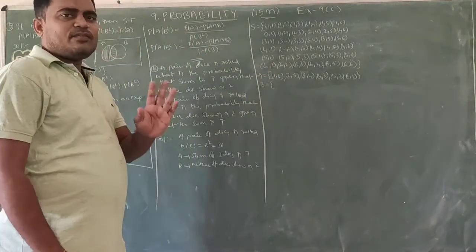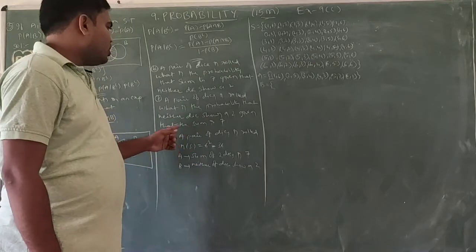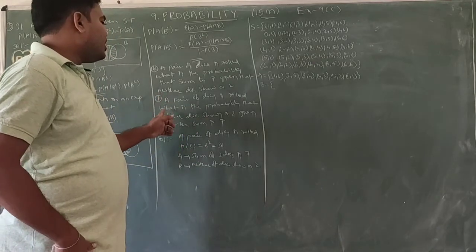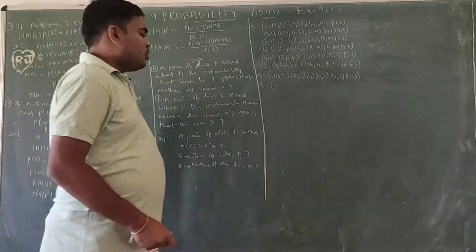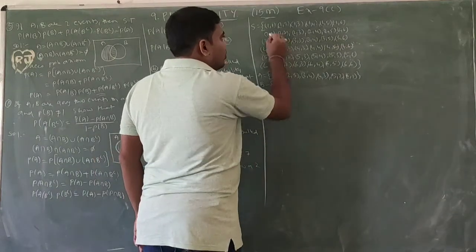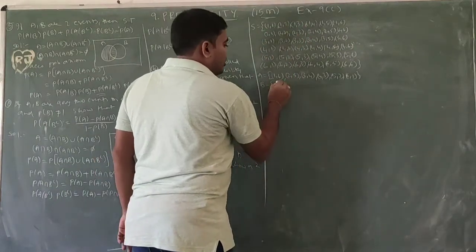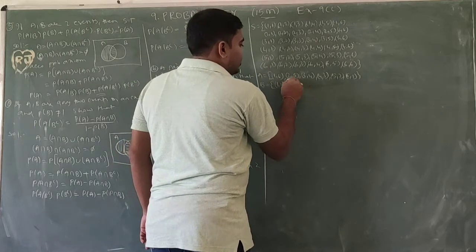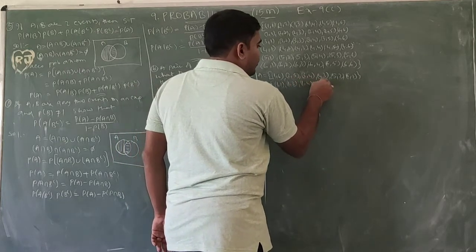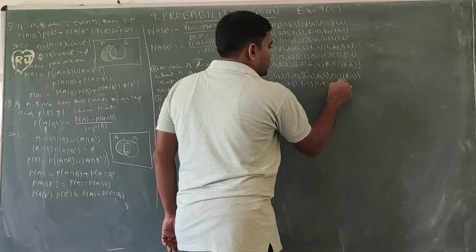B: neither of the dice shows 2. So other than 2, I am taking 1 1, 1 3, 1 4, 1 5, 1 6.